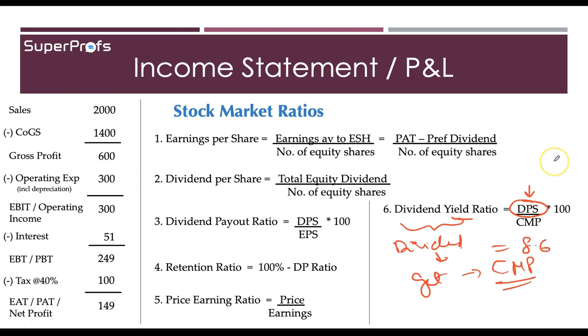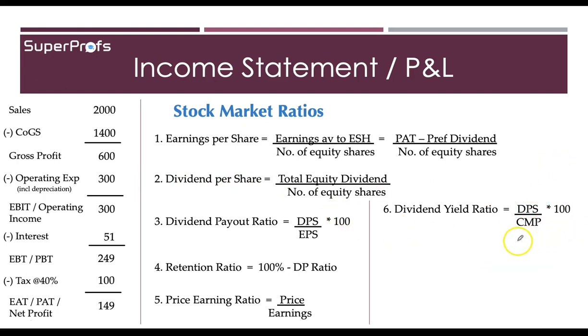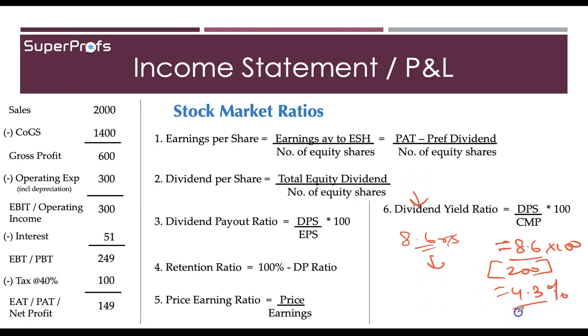So 8.6 by 200 into 100, therefore you get 4.3%. What does this mean? In the current scenario, when you invest 200 rupees, you're getting a dividend of 8.6 rupees. So the return that you are getting in the form of dividend is 4.3%. Therefore, if you invest in, let's say, 1 lakh shares.